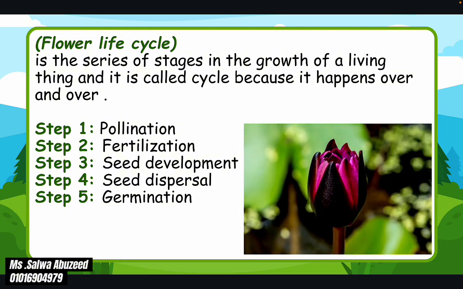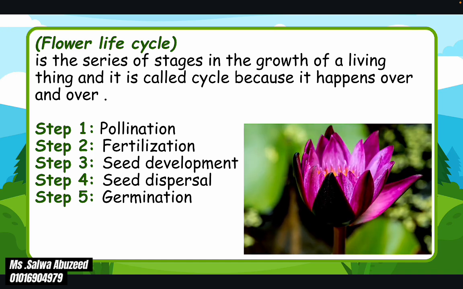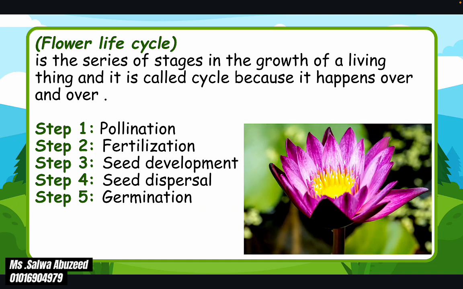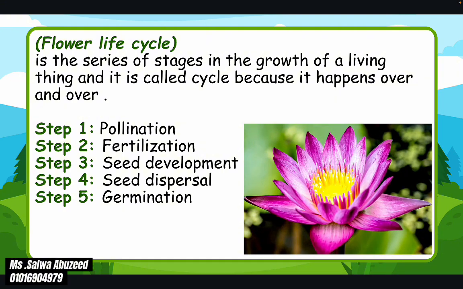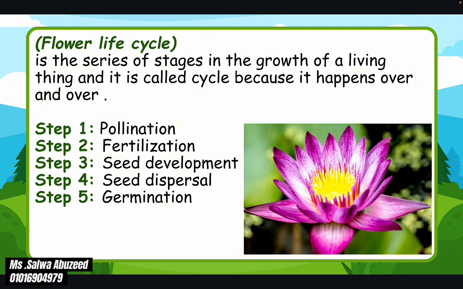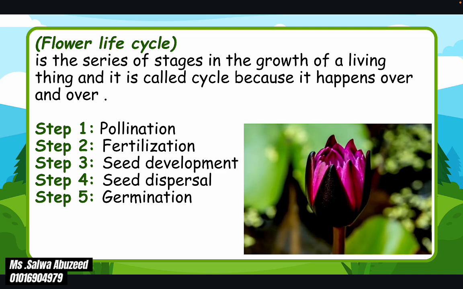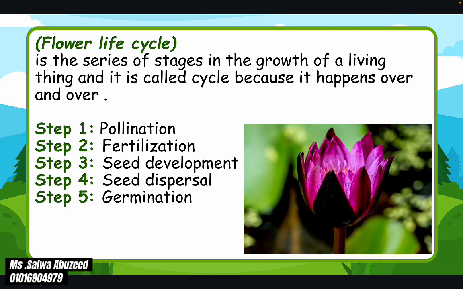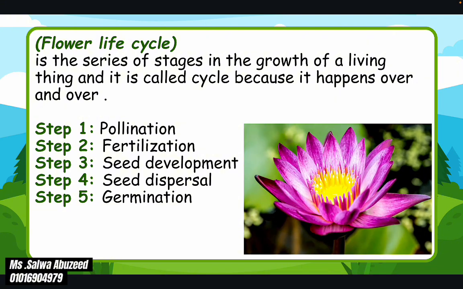After pollination, there's something called fertilization. And after fertilization, there's something called seed development, which is like the baby growing in the mom. And after the baby grows, technically it will go out, right? So this is the seed dispersal, where the seeds come out of the plant because they grew.